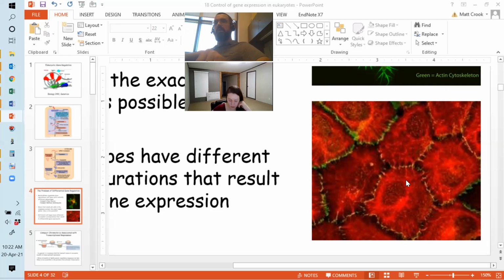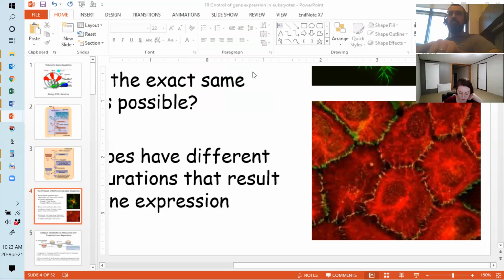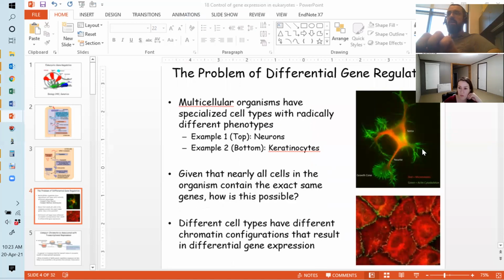Here's the nucleus. And as you can see, now we have, again, tubulin, but now the actin is just around the very periphery. Now, the reason I'm telling you all of this is because both these cells have the exact same instructions. They have the same DNA.